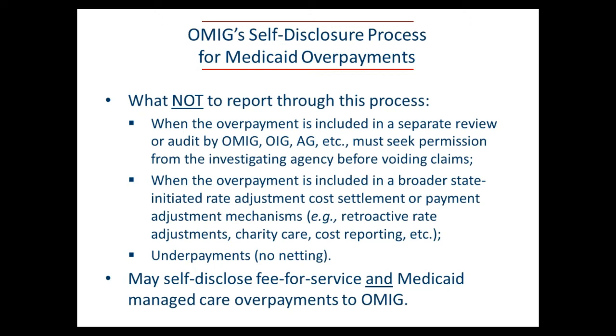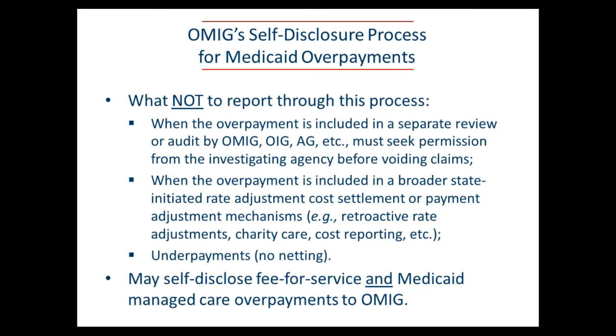The self-disclosure process for OMIG is also not appropriate for broader state-initiated rate adjustments, cost settlements, payment adjustments. They don't want you to put those types of issues through that process. And also, an important point that we see all the time.